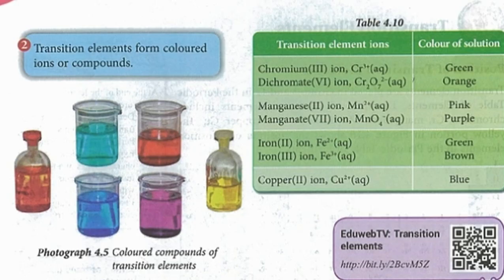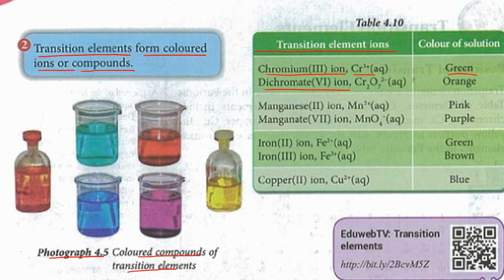Okay, the second one is transition elements form colored ions or colored compounds. So in this photograph, colored compounds of transition elements, they have colored ion, okay, or colored compound. Okay, here transition element ion, chromium 3 ion Cr3+, the color of its solution is green.